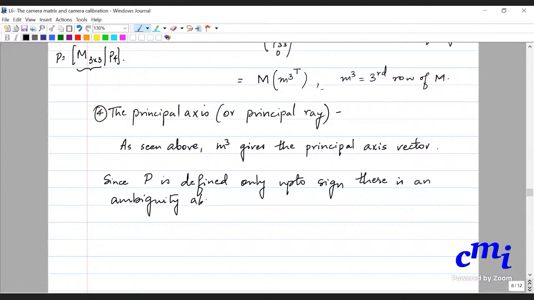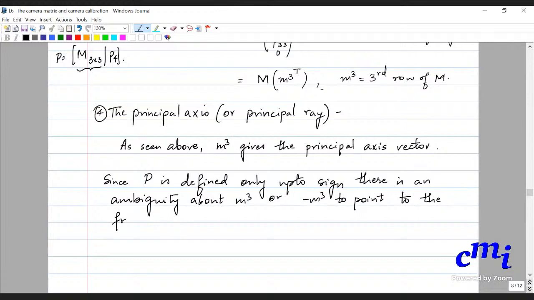about taking M3, so this is not M cube, this is M3, the third row of M, or minus M3 as pointing to the front of the camera.